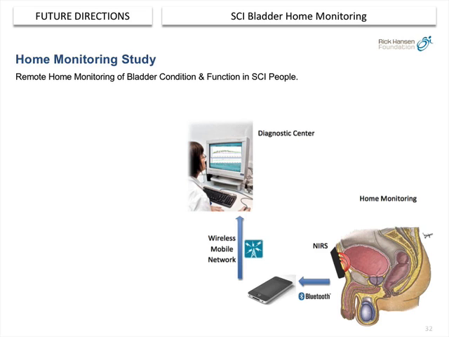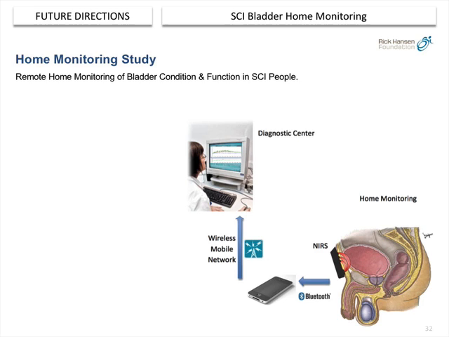The final goal is, if we can show that it really works in these individuals, perhaps in future we can have a handheld device for this cohort, used every day, for example, at 10 a.m. They put it over the bladder and keep it there for 30 seconds. The data is collected through a wireless system, smartphone, or internet and goes to a diagnostic center, where machine learning software looks at all these data, and when the data is out of range, perhaps activates a red flag for care providers.